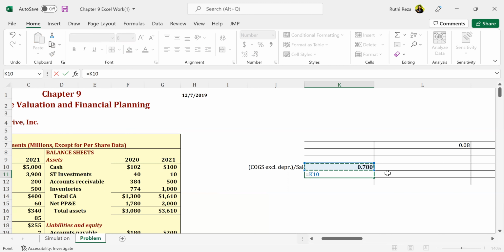I mean, our net income is very sensitive to the changes of this one. So we are going to increase it by 0.5% as we go down from our base rate, and then we are going to reduce our base rate by 0.5% as we go up from our base cell.